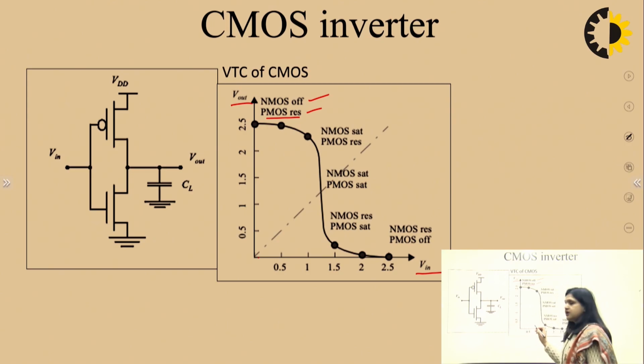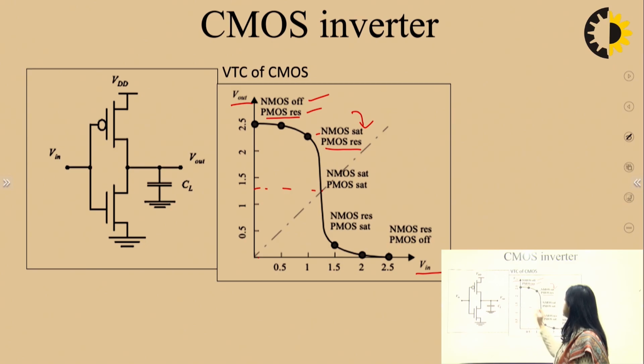Once you increase the input, the NMOS transistor goes into saturation while PMOS remains in the linear region. At this point, the NMOS transistor is in saturation and the PMOS transistor is in the resistive region, and hence the output starts decreasing.